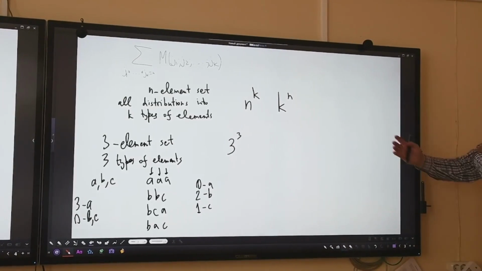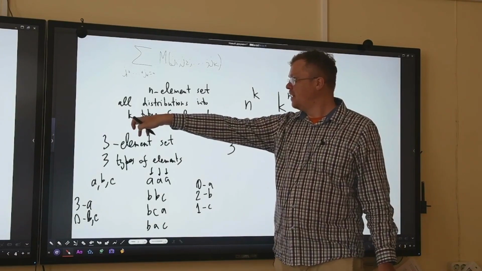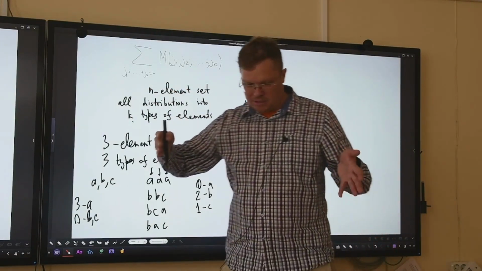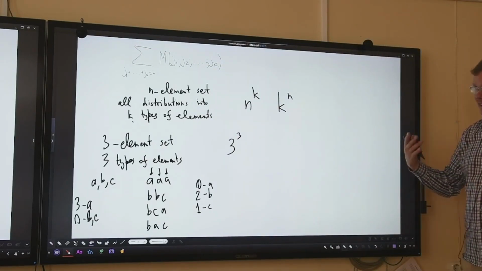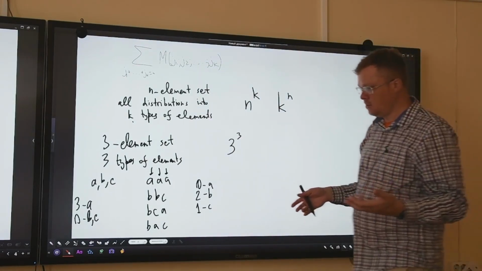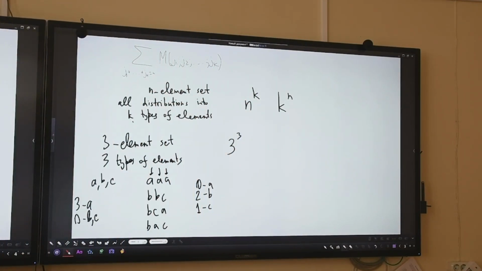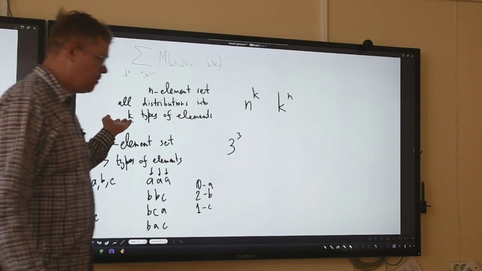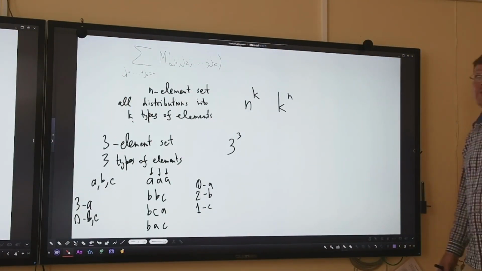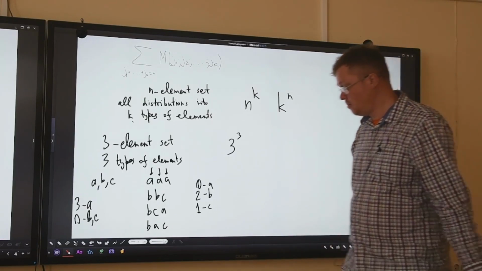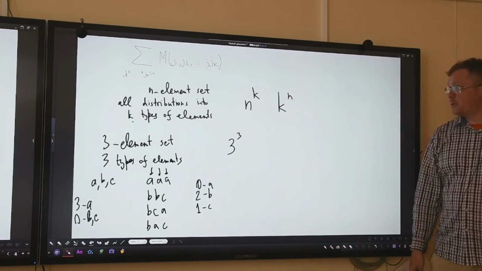So again, I have k letters, and I want to think about how many possible words of length n I can construct using k letters. So I have k letters in my alphabet, and I want to think about how many words of length n I can write. So will it be n to the power k or k to the power n?